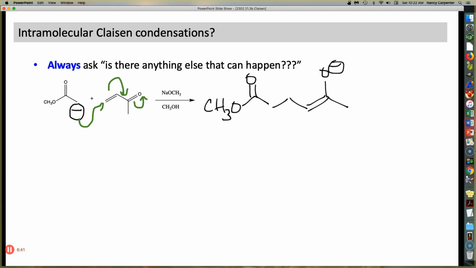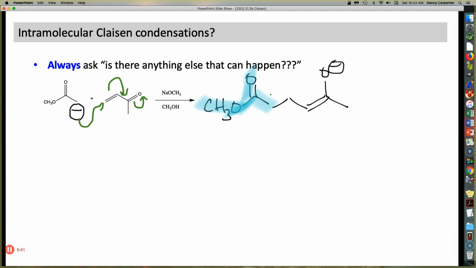Just to make this quite obvious, I hope, here is the ester. Here is where the bond was just made. And here is my Michael acceptor. Is there anything else that can happen?